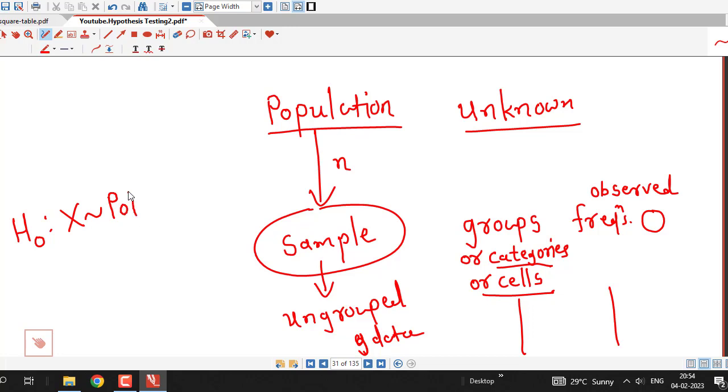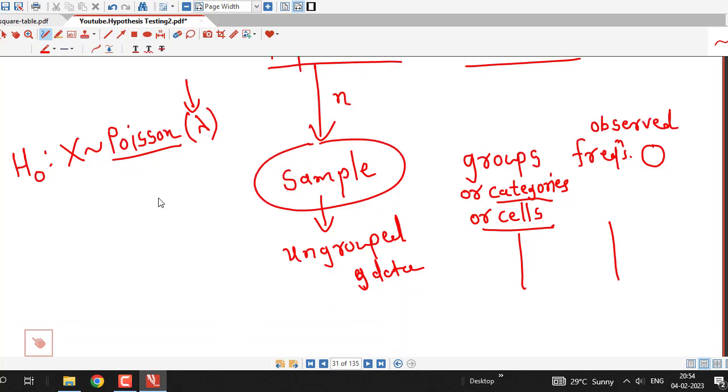Suppose our population follows a Poisson distribution with some average number of events in a particular interval. Suppose the mean of the Poisson distribution is lambda and it is known to us, and we want to test this null hypothesis. So we expect that our population follows a Poisson distribution.